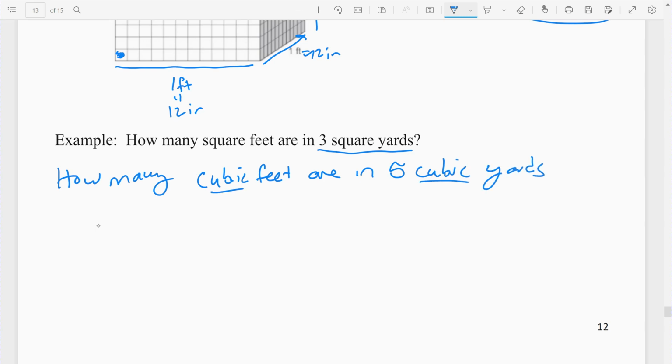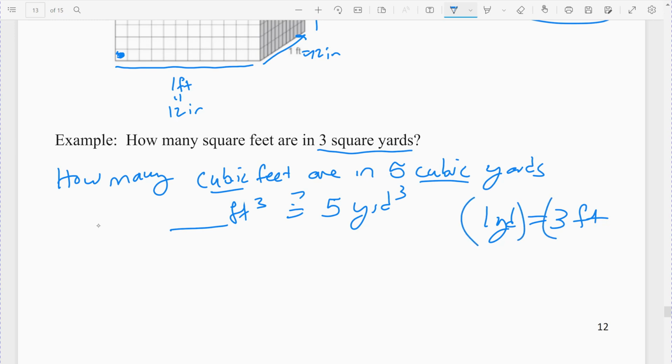All right, so cubic this time. Remember, 1 yard is equal to 3 feet. So there's two ways. The easiest way to do it is I want to get a cube, right? I need cubic feet from cubic yards. So how many cubic feet are there in 5 cubic yards?